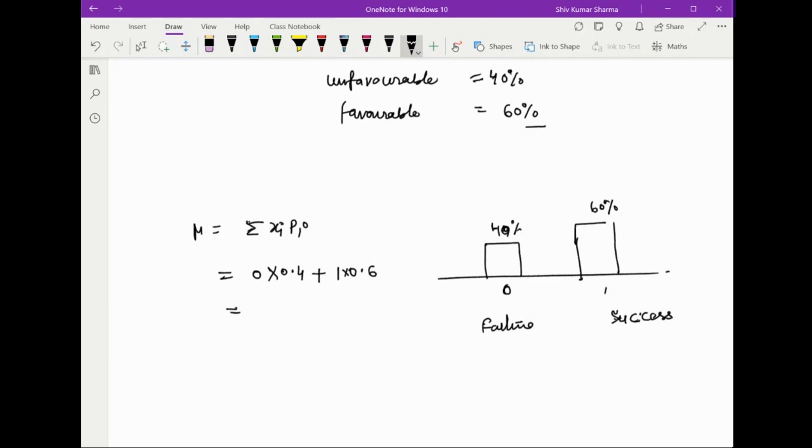So we can write 0 plus 0.6. So the mean is equal to 0.6. That means 1 minus p is 0.4, and success is 0.6.